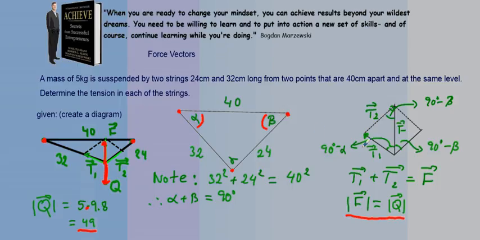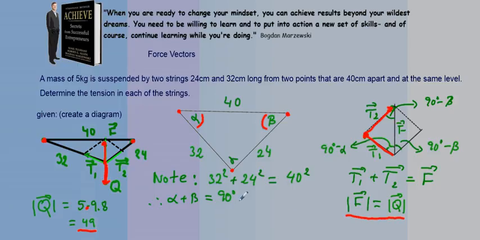The force diagram here on the right side of the screen defines the following: that force F is the total sum of tension 1 vector plus tension 2. And please note that the tension 1 and tension 2 force are in the direction of those strings provided. So knowing the value of angle alpha and beta is very, very useful here.